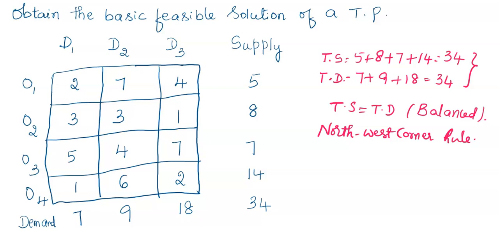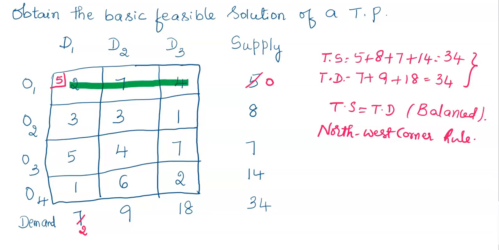Therefore, you have to consider the supply inside the cost cell, and you make this a 0, that means 5 minus 5 is 0. For the cost cell, you have to subtract that from the demand also. So demand is 7 minus 5, we are getting 2. The row where we get 0, we have to cut that, that means we have to delete that.